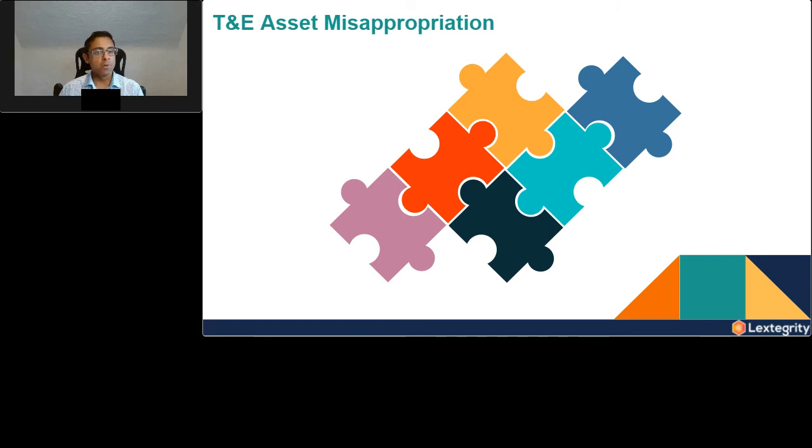And there's multiple analyses, and here is just a sample you could apply to a T&E item to look for asset misappropriation, but I want to walk through a few just for you all to get a sense of the power and the insights you could gain by applying multiple levels of analytics.